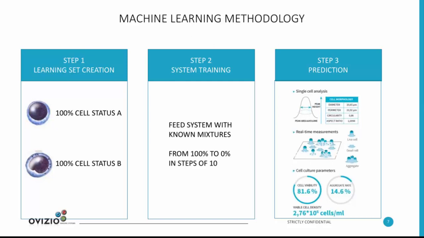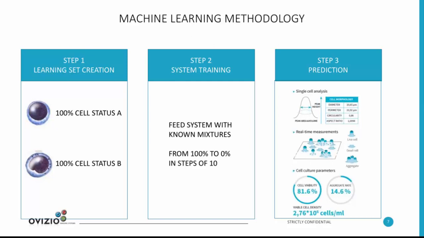Very easily, that can be images of 100% viable cells and images of 100% dead cells. We present those images to the machine learning platform, and then the platform itself goes looking into the 70 parameters on a single cell level if it can identify any trends between the populations on any one, two, or all 70 of the recorded parameters.